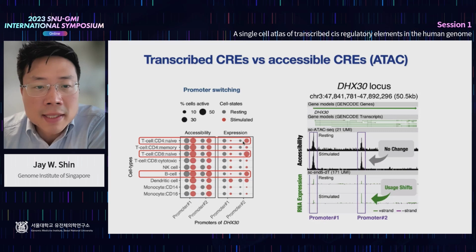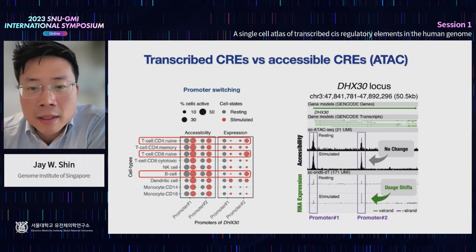But what's surprising is that there's an observed promoter switch, where the same gene but a different promoter is activated upon the stimulation. And this can be readily captured by RNA-seq as opposed to ATAC-seq chromatin.